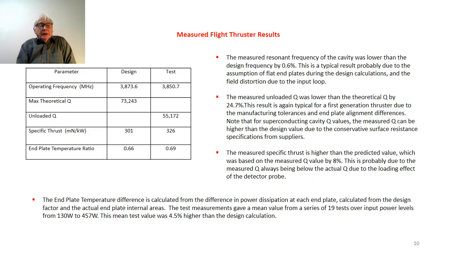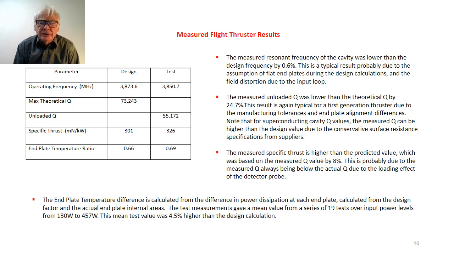The final row in the table that we give here, comparing test results to the design results, is particularly interesting because we compare the end plate temperature ratio. So we actually measured the end plate temperatures over a significant number of tests.